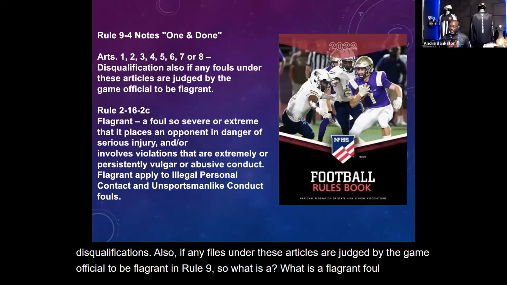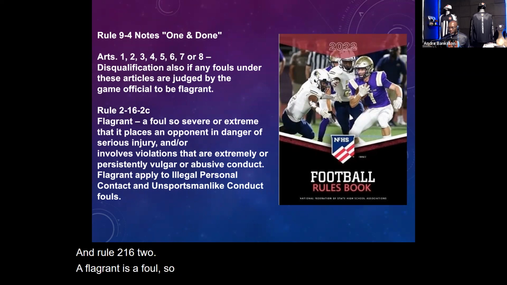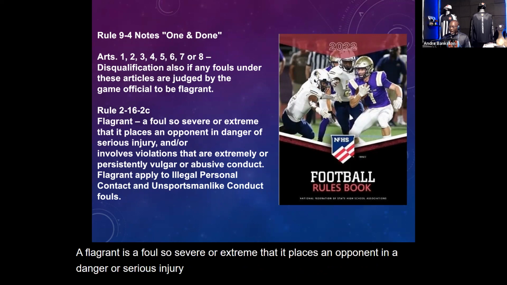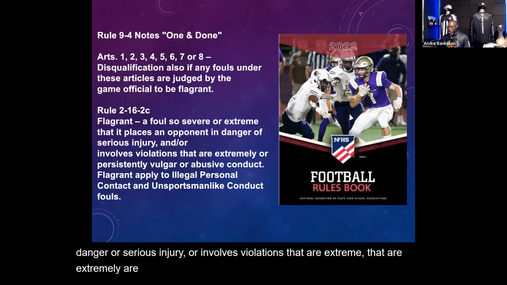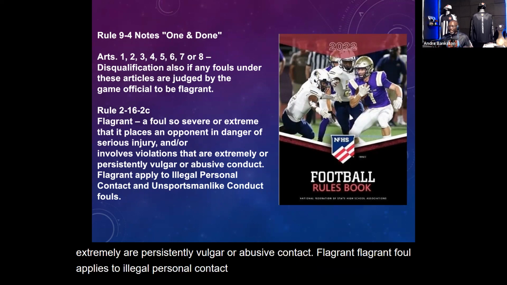In Rule 2-16-2c, a flagrant foul is a foul so severe or extreme that it places an opponent in danger of serious injury, or involves violations that are extremely or persistently vulgar or abusive contact. A flagrant foul applies to illegal personal contact, and it also applies to unsportsmanlike conduct fouls.